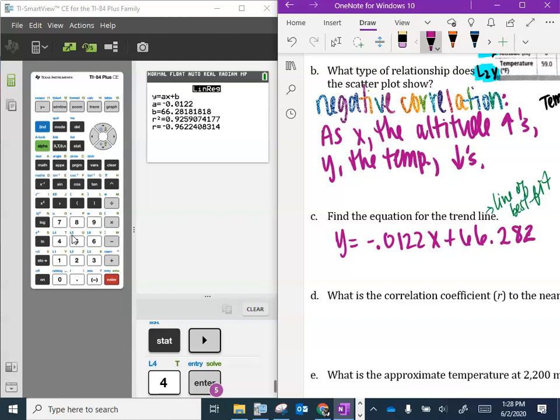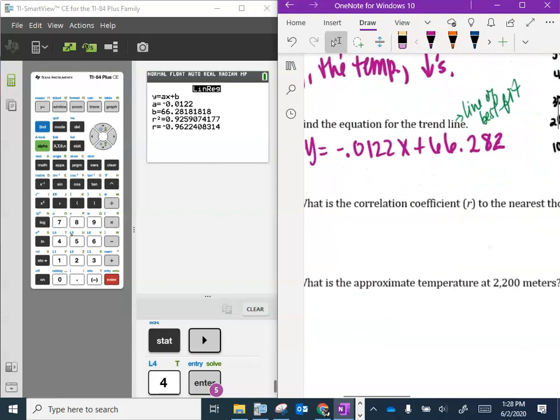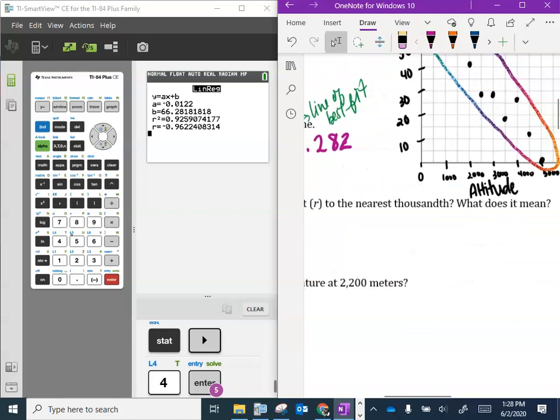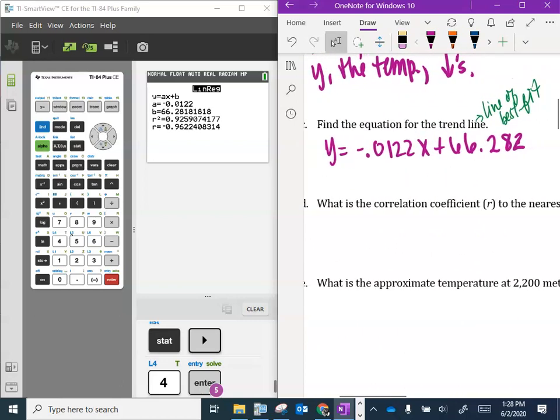That's the equation of our line. Okay, so now part D, what is the correlation coefficient to the nearest thousandth, and what does it mean? Our correlation coefficient is R. So R is going to equal, to the nearest thousandth, negative 0.9 tenths, hundredths, thousandths is 2.